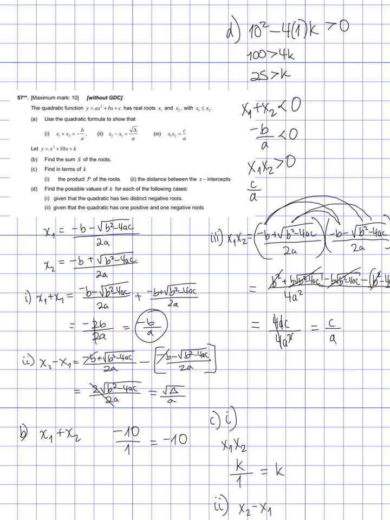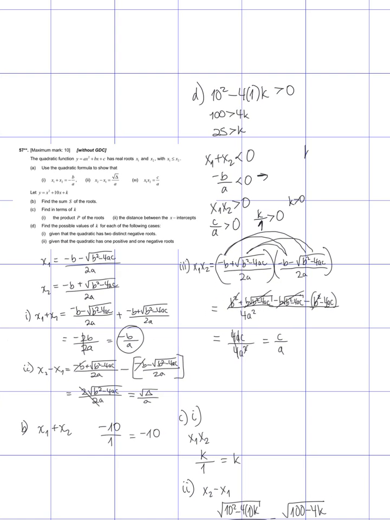So c over a is greater than 0. The sum one doesn't really help us out because we need to find k. So we've got k over 1 is greater than 0, so k is greater than 0. So we've got k is greater than 0, but less than 25 for that one.